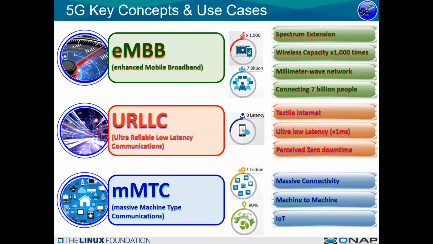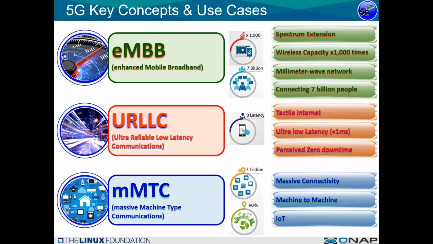So probably the three biggest ideas in 5G are enhanced mobile broadband, URLLC, and massive machine type communications. So if you walk away with nothing else from this presentation, keep these three big ideas in mind. If you remember these three big ideas, I think I've done my job. So this will make you dangerous at a cocktail party.